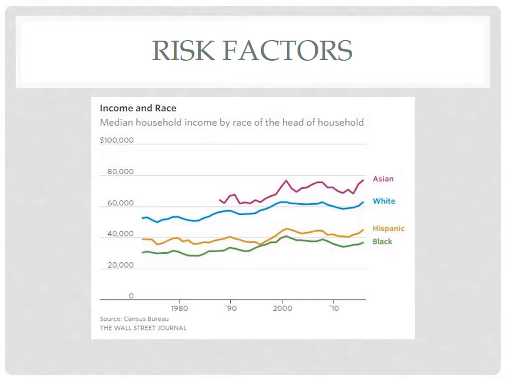Now, this isn't a perfect mapping of socioeconomic status onto ethnic groups. Certainly, the research tends to suggest differences in health outcomes based on race or ethnicity are due to psychosocial and economic factors as opposed to biological ones.